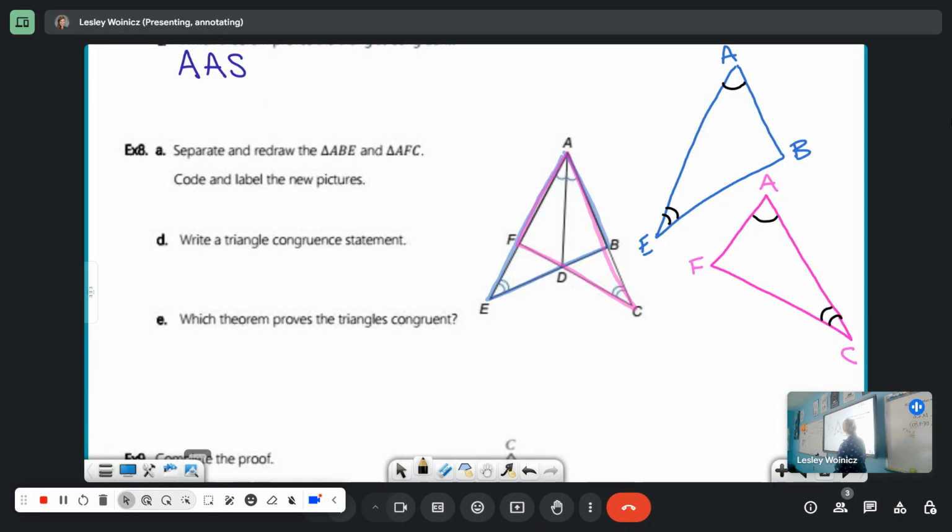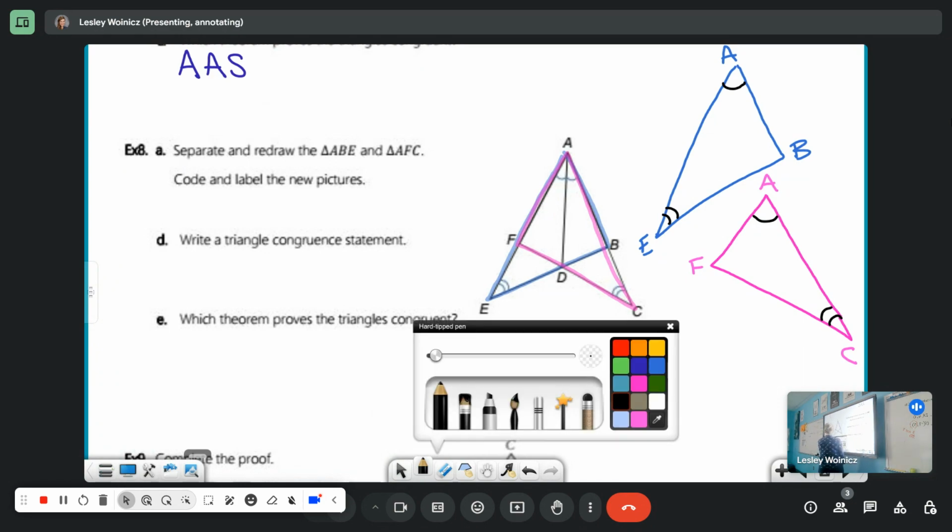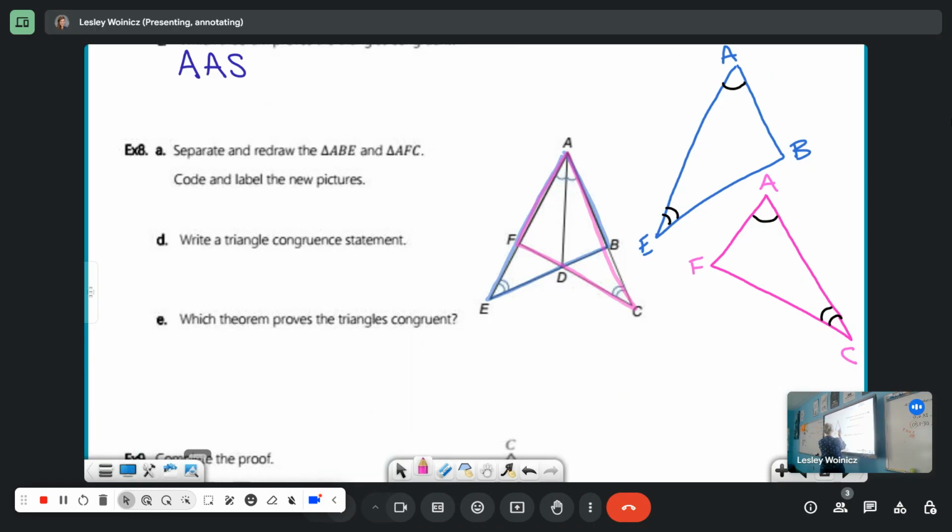I didn't give you a side. So the problem is that there is nothing restricting the length of these sides. Like if I don't know that point F is exactly right there, point F could be here.